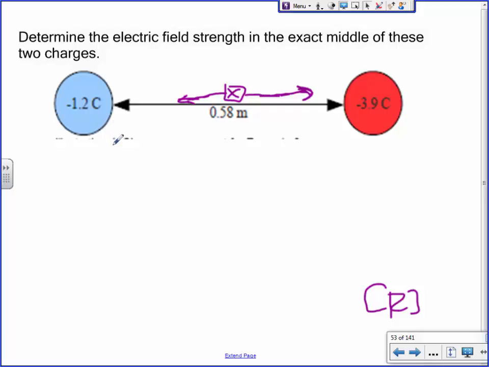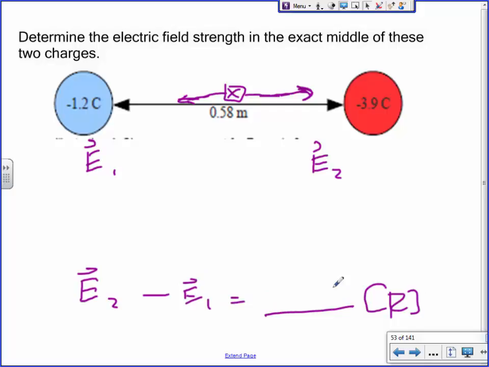But we do want to find the field strength. So essentially we have to find the electric field strength for the first one, the electric field strength for the second one, and when we're done, we're going to take the second one and minus the first one, and that will give us our answer in units per coulomb. You guys get what I'm saying here? So give it a try. Do it without me.